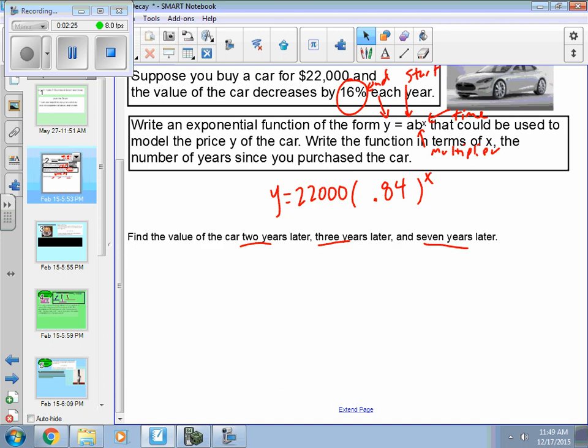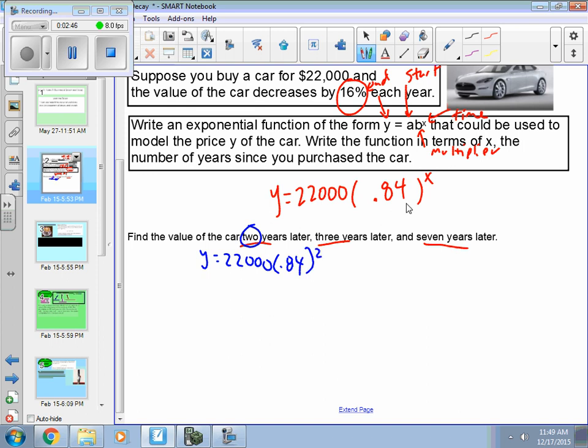So let's find out what these are. This is where the equation's nice, because now we can do all these calculations very quickly. All we have to do is put the time in for x. If we want to find it after 2 years, we have 22,000 times 0.84 to the power of 2.